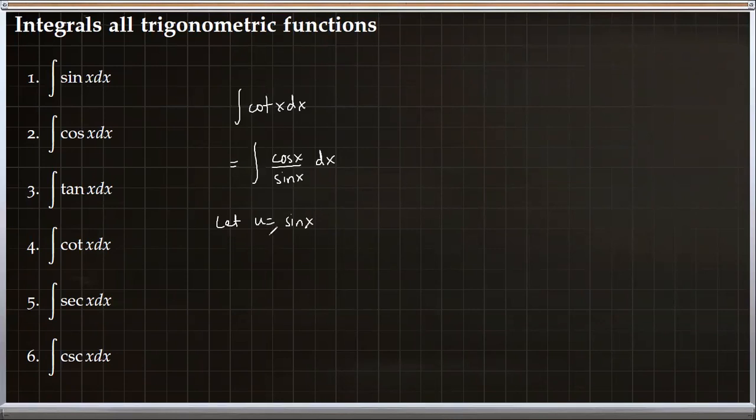Then we want to write everything in terms of u, including dx. So to write dx in terms of du, we can find the derivative of u, du by dx, and that will be cosine of x. So this simply implies dx equals du over cosine of x.